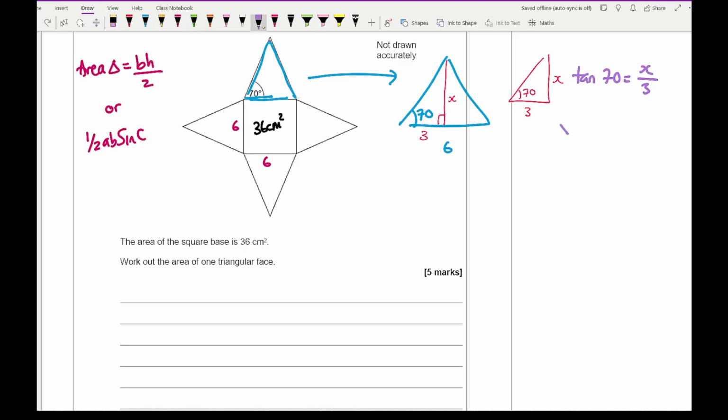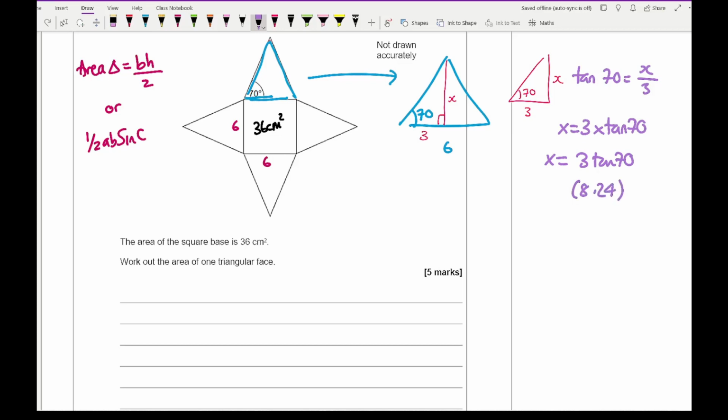And then x equals 3 times tan 70. So x equals 3 tan 70. I'm just going to leave it as that in exact form, but if I wanted to write it as a decimal, reaching for my calculator, it gives me an answer of 8.24.